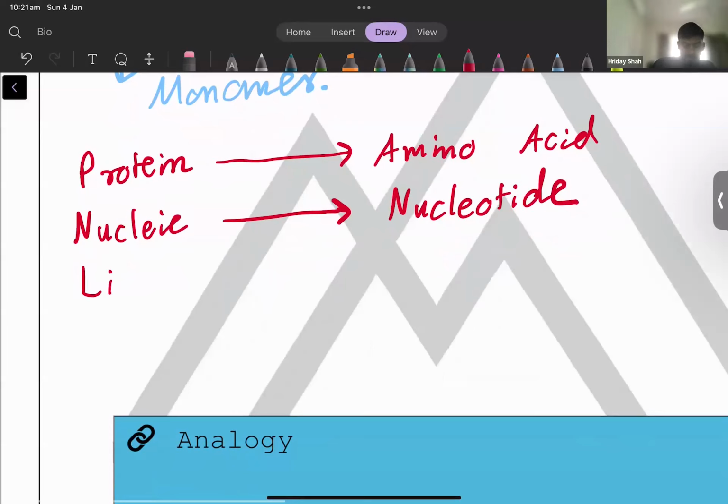Now, lipids are kind of an exception to the rule. They are technically very similar to a polymer, but they have two monomers, not just one. So they're actually made up of two repeating subunits, one after the other.